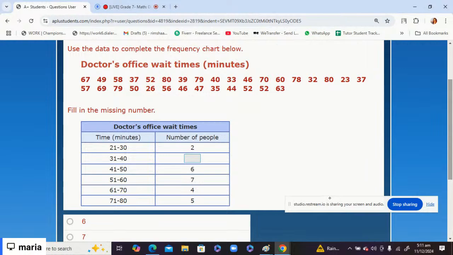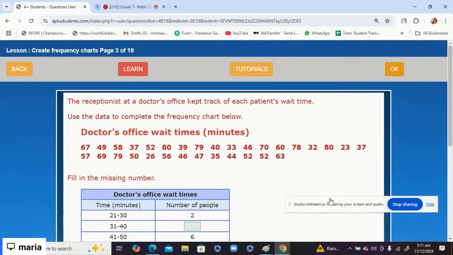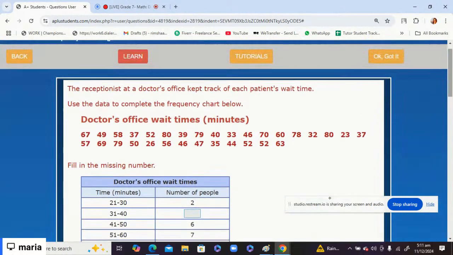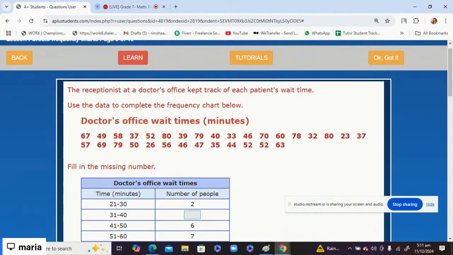Okay, let's go with the 6. It's 7. Check it out. 1, then 2, then 3, 4, 5, 6.